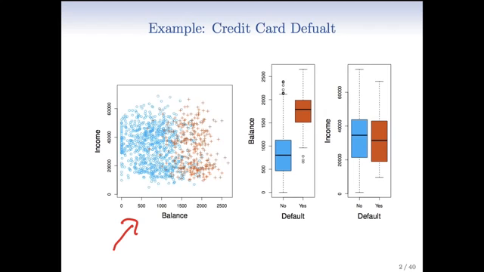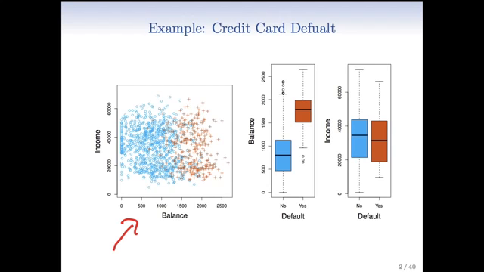So here we have the blue points and the brown points. The brown points are those that defaulted, and the blue points are those that did not. Now this is a fictitious data set. You typically don't expect to see that many defaulters.